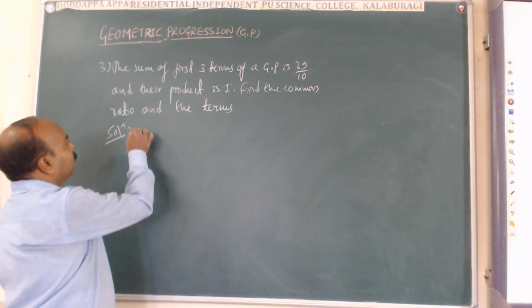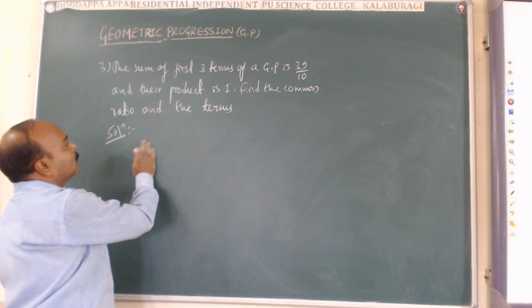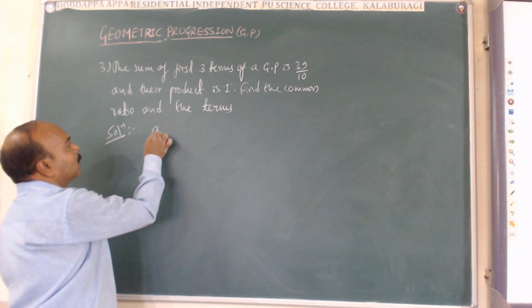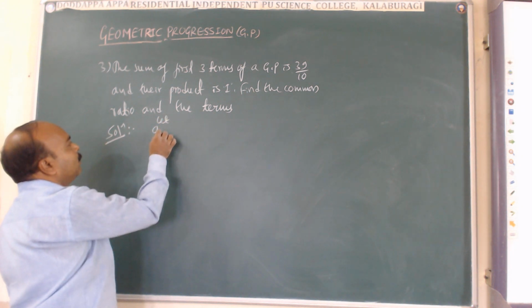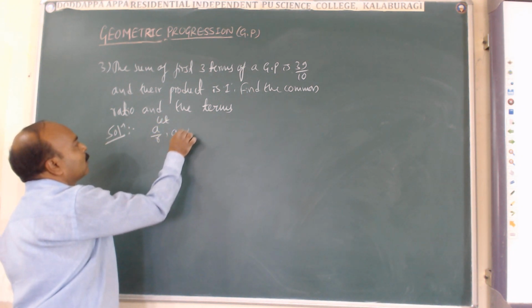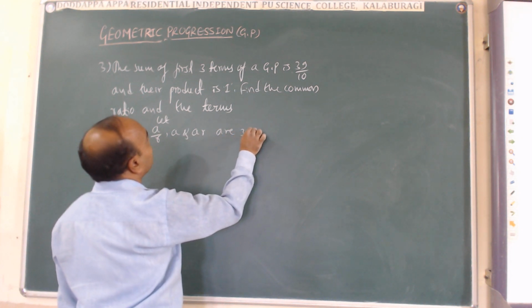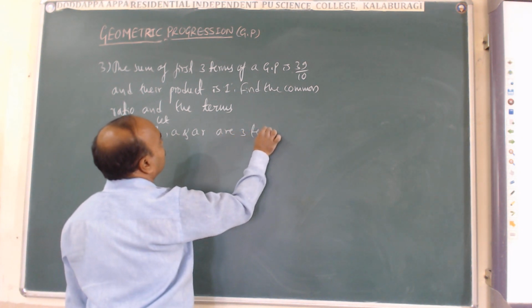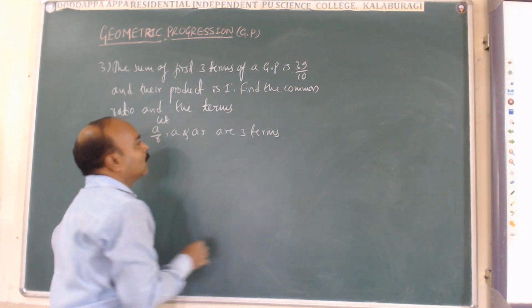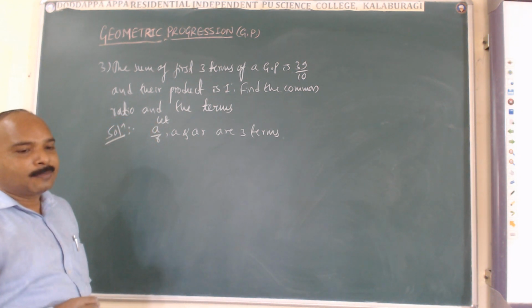So for this type of example, we consider the terms like this. First term I will take, let a by r, a and ar are their required 3 terms of given geometric progression.